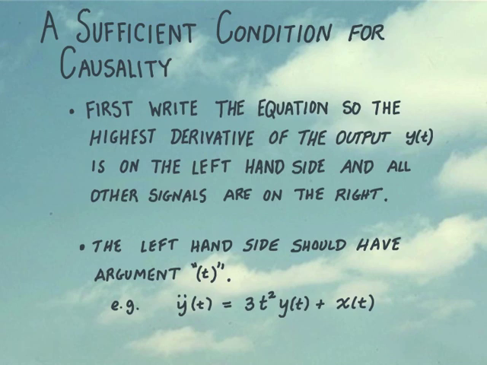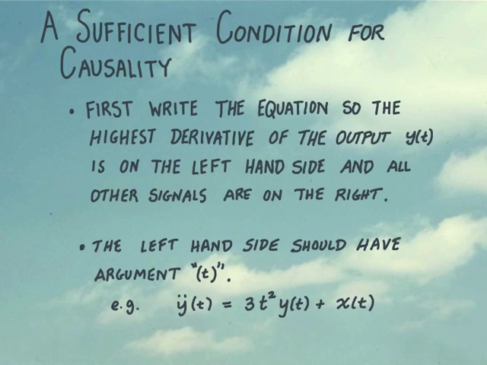Checking a mathematical system to see if it's causal is not easy. One has to consider whether any input signal at any particular time might cause the output to respond before the input. A system might act causal for some inputs, but non-causal for other inputs.